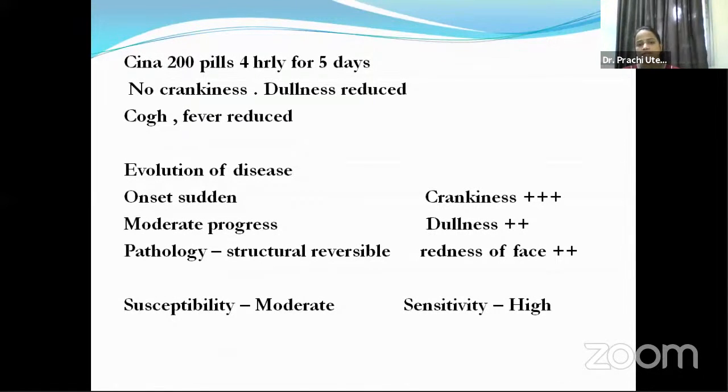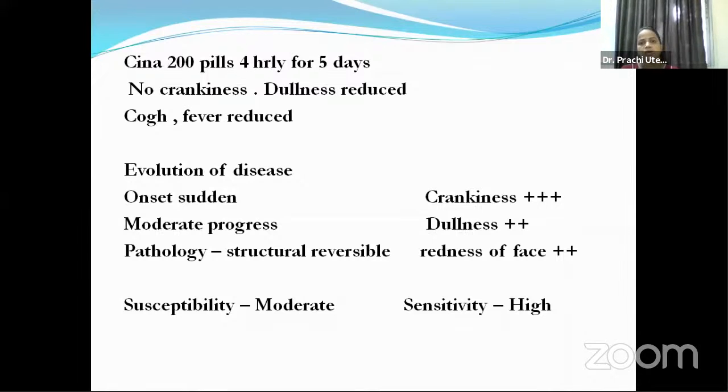So the evolution of the disease, if we say, the onset is quite sudden, the progress is moderate, and the pathology is structural and reversible. At the mind level, we can see the crankiness in the child, dullness in the child, and a red face. So sensitivity is on the higher side, and evolution of disease and tissue susceptibility is towards the moderate side.